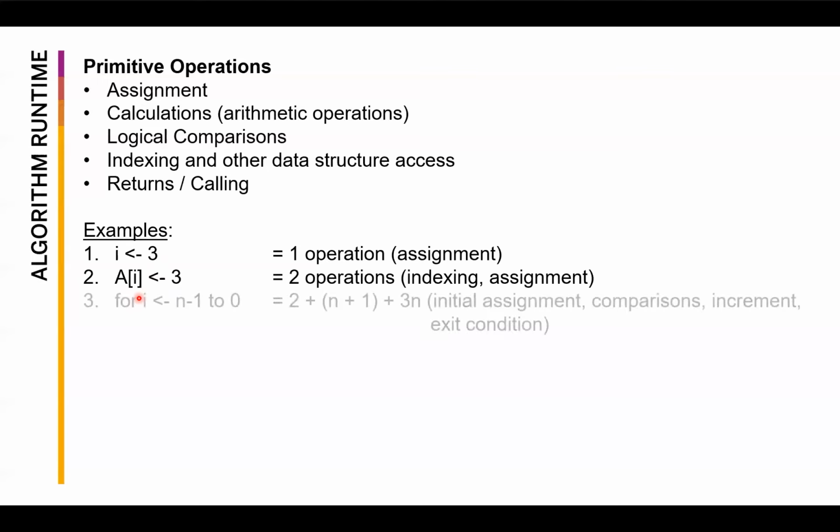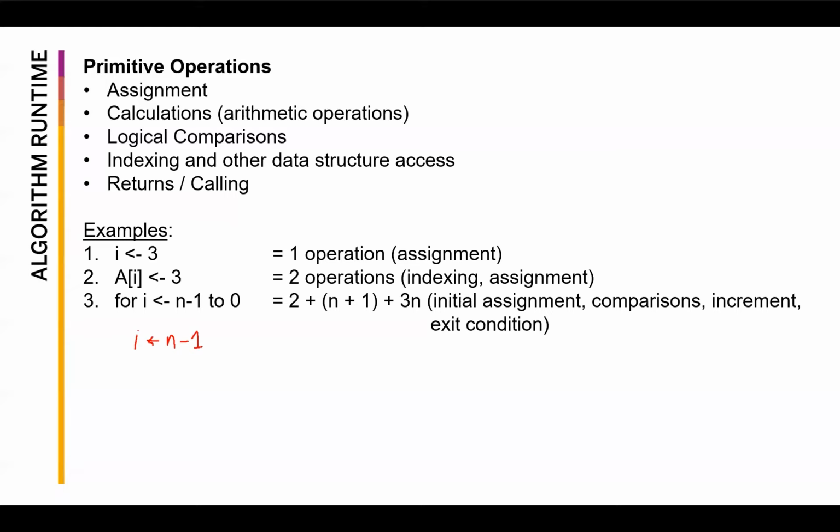If we go for a more complex example, let's say a for loop. This is our for loop. We go from right to left. We can break it down first into initial assignment, then the comparisons, the increment, and the exit condition. So how did we arrive at the number of operations for this for loop? Our initial assignment would be I assigned n minus 1.